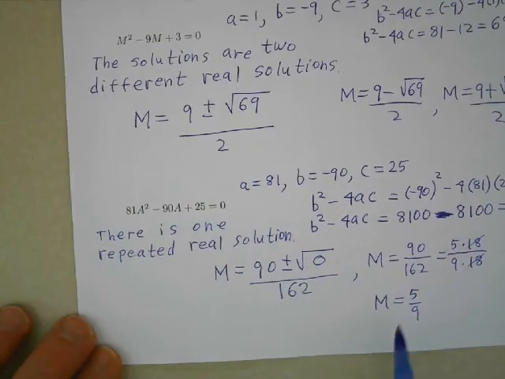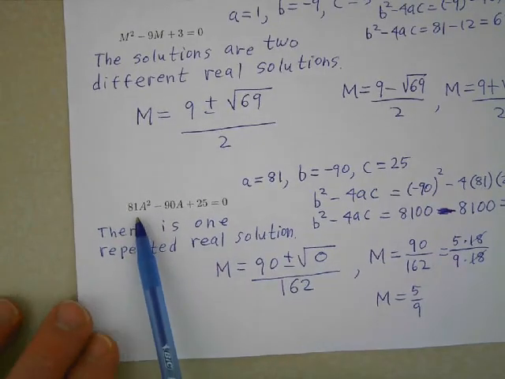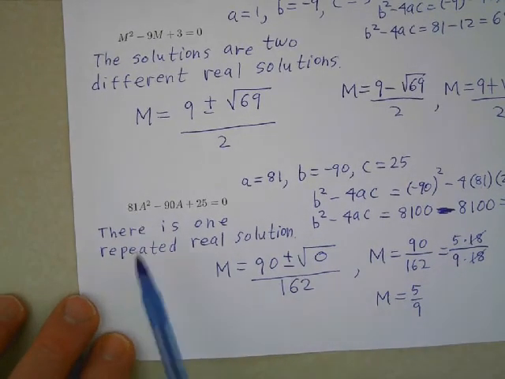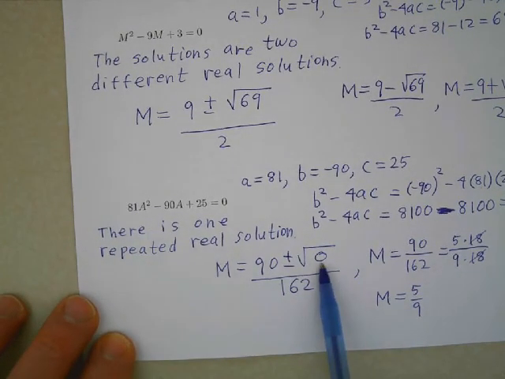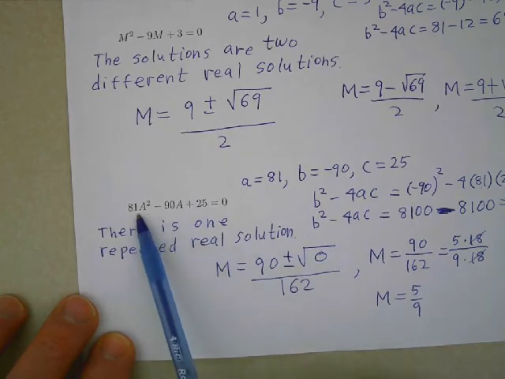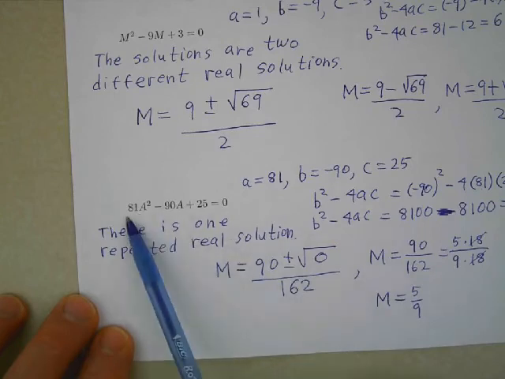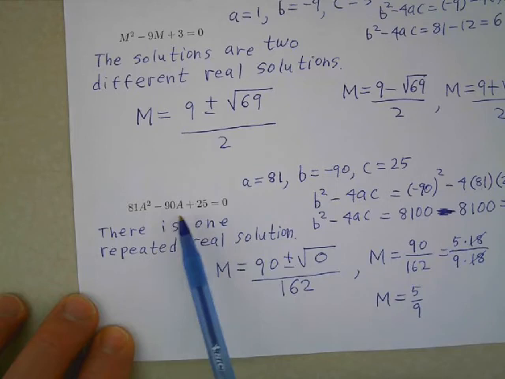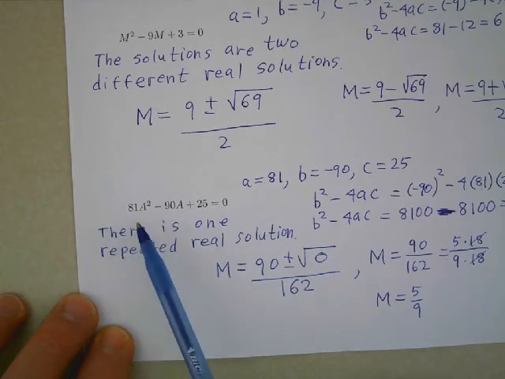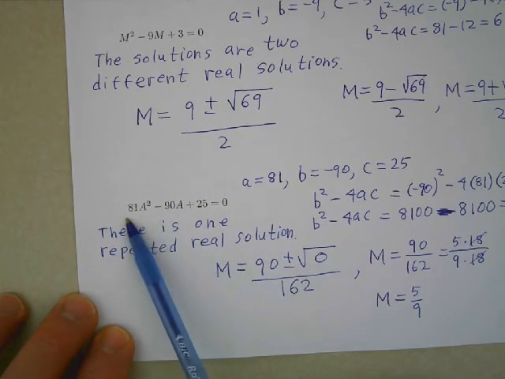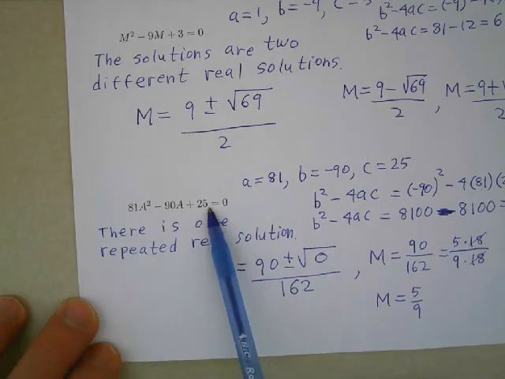Well, I'll show you just one more thing since there's time. If the discriminant from a quadratic equation is ever 0, it means that the trinomial is either a perfect square trinomial or a constant multiple of a perfect square trinomial.